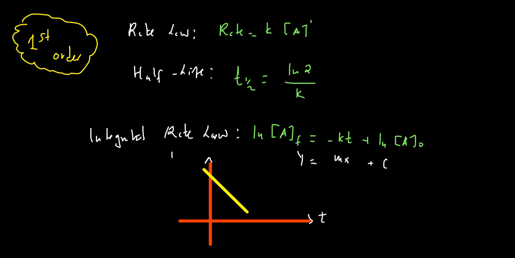The y-axis is the natural log of the concentration of the reactant, and the gradient of this line is still negative k, so it hasn't changed. And then you also have the y-intercept. In this case it's the natural log of the initial concentration. So that is it about this one.